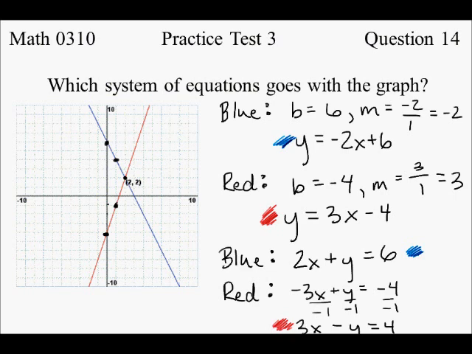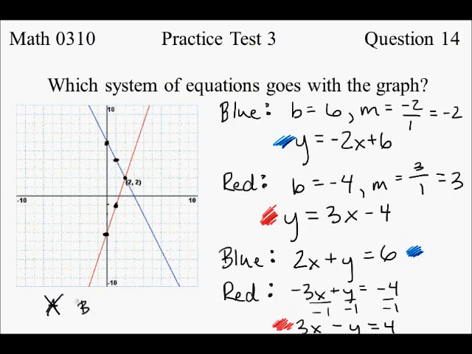So we look at answer choice A, we see that the red equation would give us the top one, but if we look at the bottom equation for A, we would see that the blue equation would have the wrong sign for negative 2x, so it's not answer choice A. For answer choice B, we have 3x plus y equals 4, and that does not match our standard form down here, 3x minus y equals 4, so our answer choice is not B.